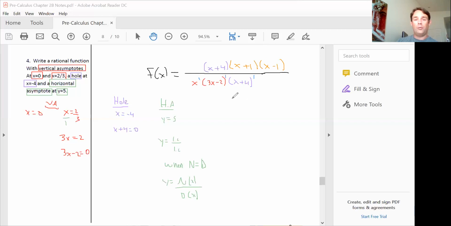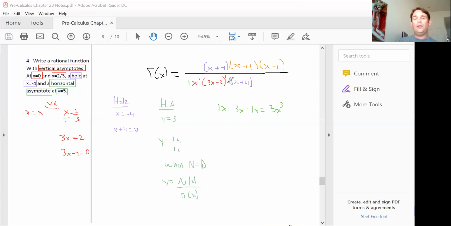Okay, now I have the same degree. What is my leading coefficient in my denominator? Well, if I multiply it together, 1x times 3x times 1x, my leading term in my denominator will be 3x to the third.